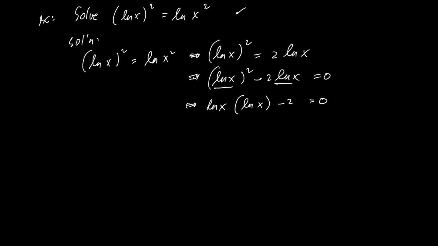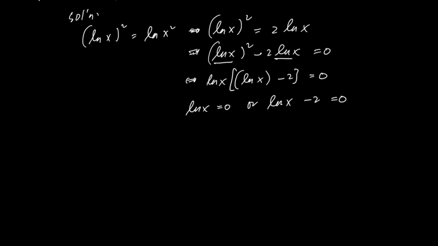So therefore, by zero product property, we have ln of x equals 0 or ln of x minus 2 equals 0. Now this one here, ln of x equals 0 means x equals e to the 0.